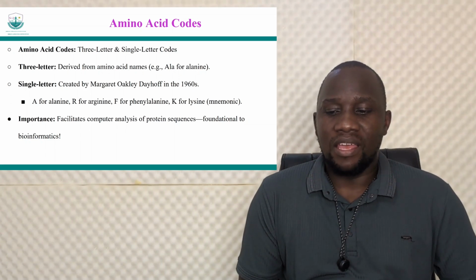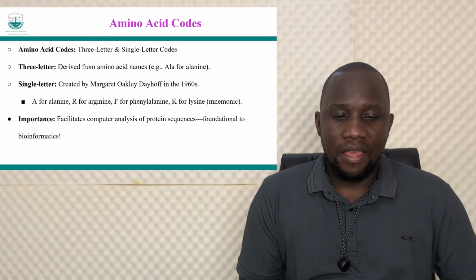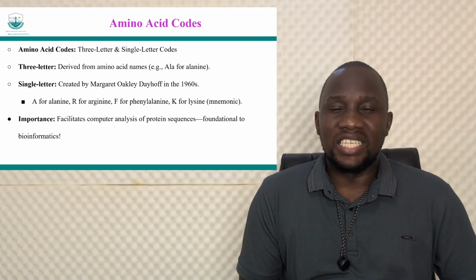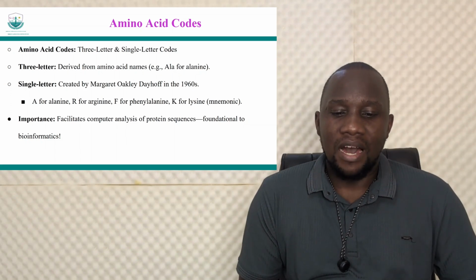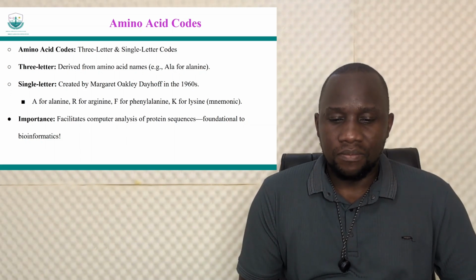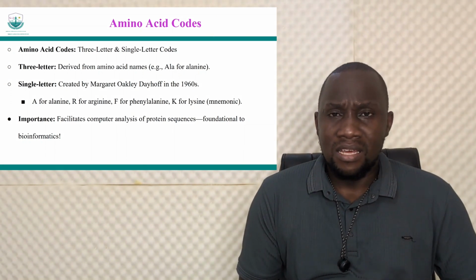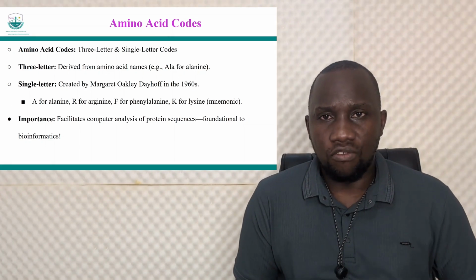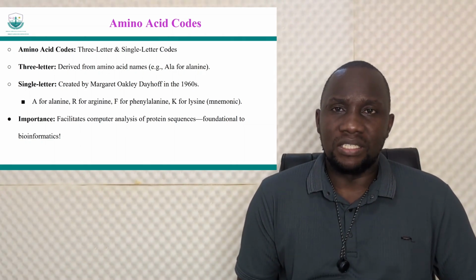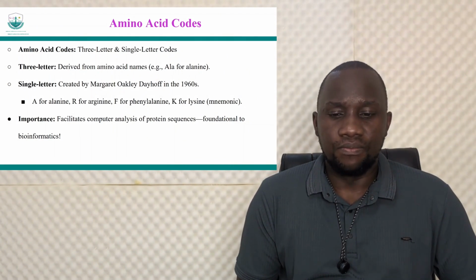For example, K can be for lysine, just a single letter representing the amino acid lysine. R represents arginine, and A represents alanine. If you are in the field of biochemistry, these are codes that you can read and know.